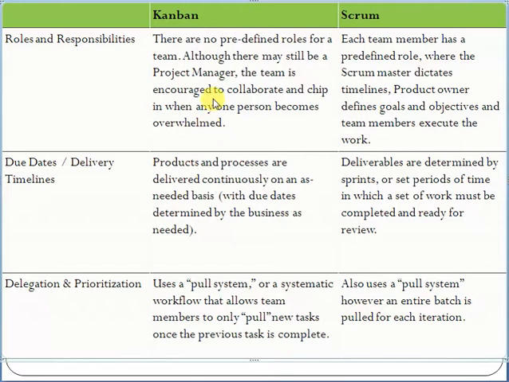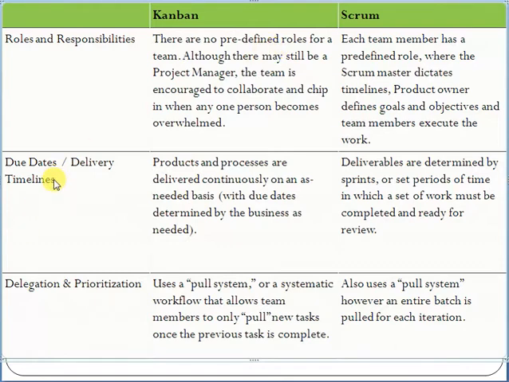So basically, there are no specific roles and responsibilities except, you can say, the project manager in Kanban. However, in Scrum, there are specific roles and responsibilities, like the Scrum Master, Product Owner, and Scrum Team. So first of all, this is the main difference.